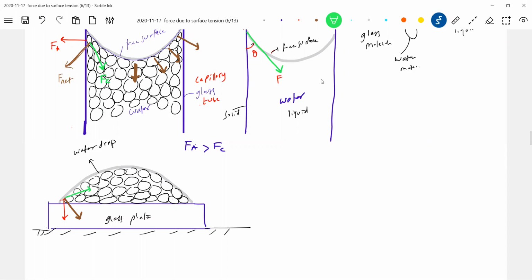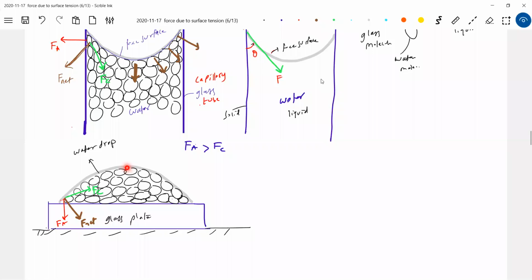Which force will be greater here? So again, this is adhesive, and this is cohesive. Here again I can see that Fa is greater than Fc. So the resultant net force will be directed somewhere, and the free surface will align itself perpendicular to the net force.